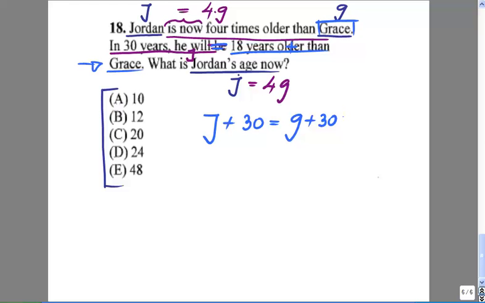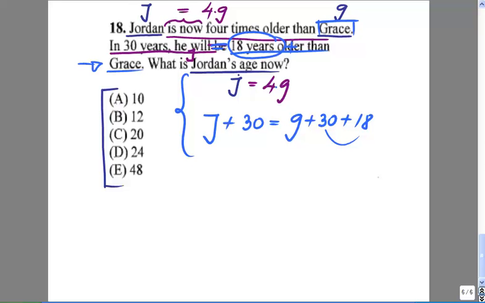And also I will add 18 years to that, because J, Jordan, will be 18 years older than Grace in 30 years. And this is your second equation. Okay, well, the second one you can simplify, right? Because 30 plus 18 will be 48.